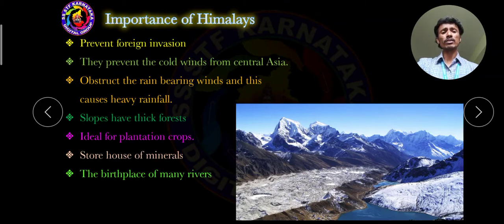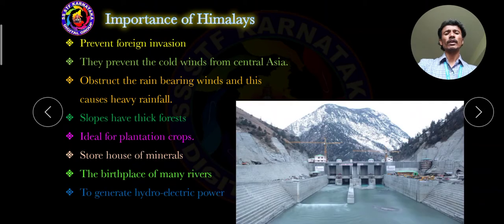All these rivers are born in the Himalayas only. Then to generate hydroelectric power. To generate means to bring into existence hydroelectric power by using river water.